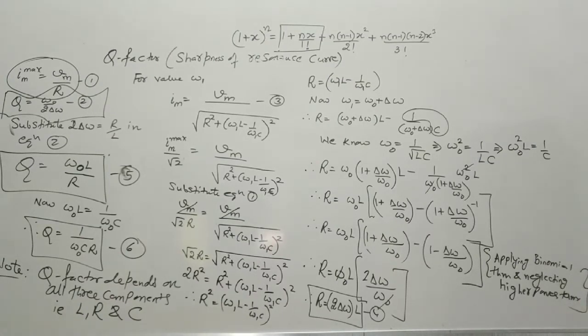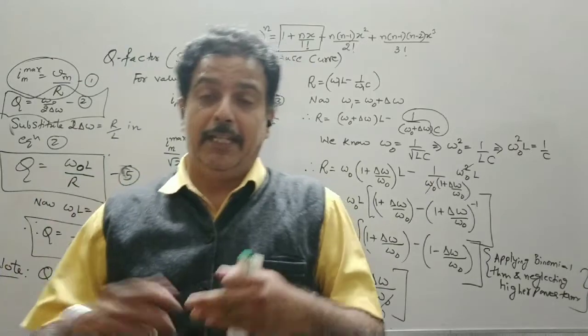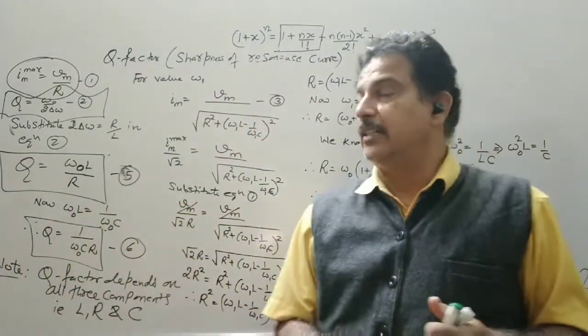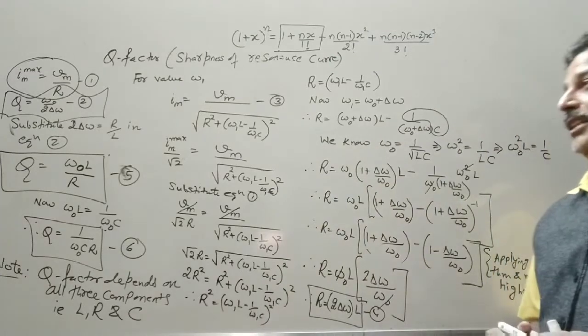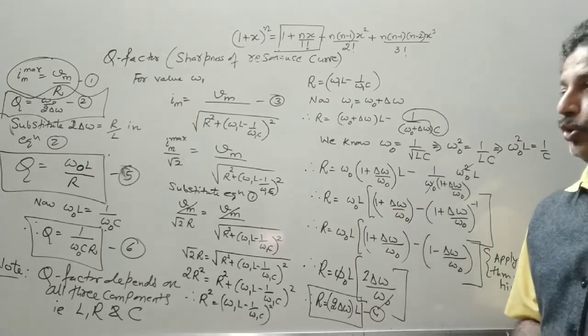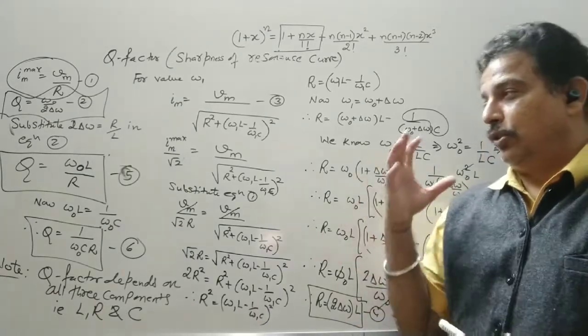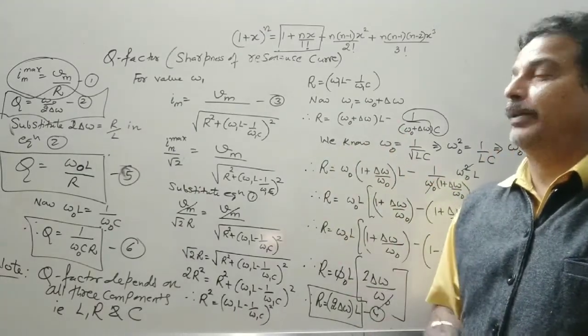If the resonance curve is sharper, we can say that the Q factor of the circuit is very large. So now this is all about an important application of an AC circuit, that is an LCR circuit, which is used for the tuning of a circuit. So we wind up this topic of Q factor.